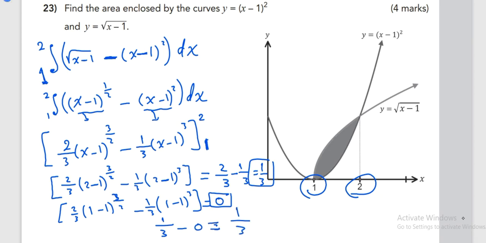Sorry, the value of this expression is 2 over 3 minus 1 over 3. So the final answer will not be 2 over 3, it will be 1 over 3. So the value of the first substitution minus the value of the second substitution will get 1 over 3. 1 over 3 is the value of the area, units square.